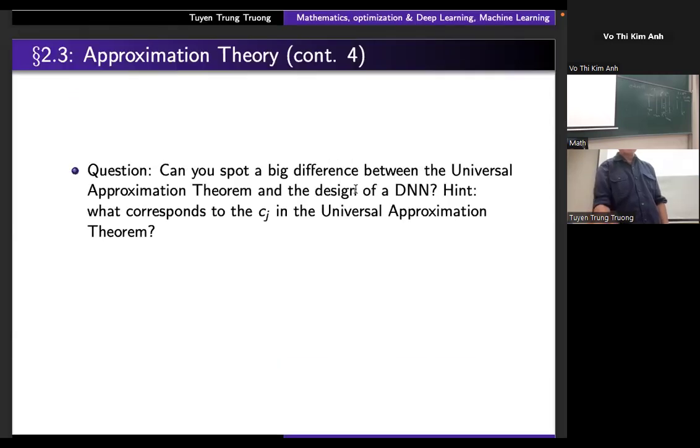And then maybe there's a difference between the universal approximation theorem and the design of a deep neural network.